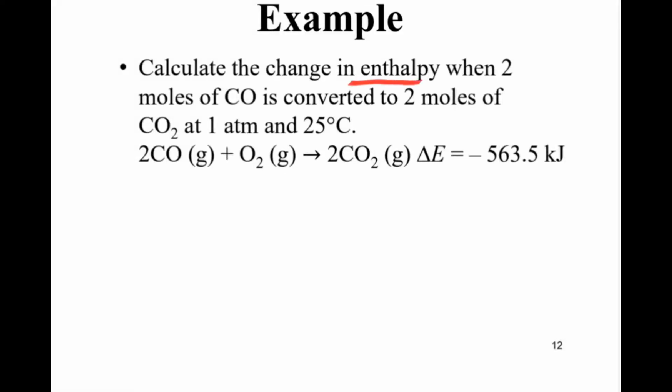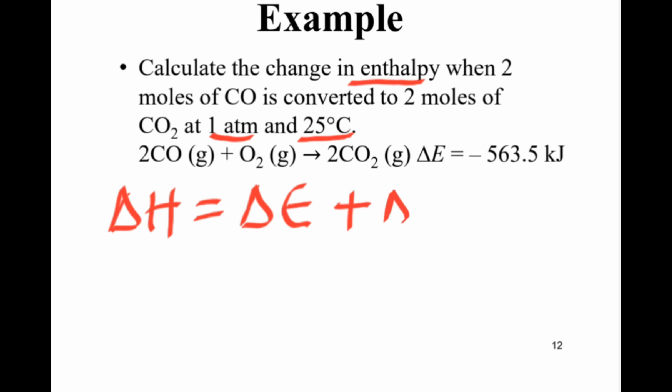Calculate the change in enthalpy when 2 moles of carbon monoxide is converted to 2 moles of carbon dioxide at 1 atmosphere and 25 degrees Celsius. What does it ask? Change in enthalpy. Change in enthalpy means change in the internal energy plus change in nRT. So the internal energy is given as this many kilojoules. The temperature is given, 25 degrees Celsius. The pressure is given but we do not need it.